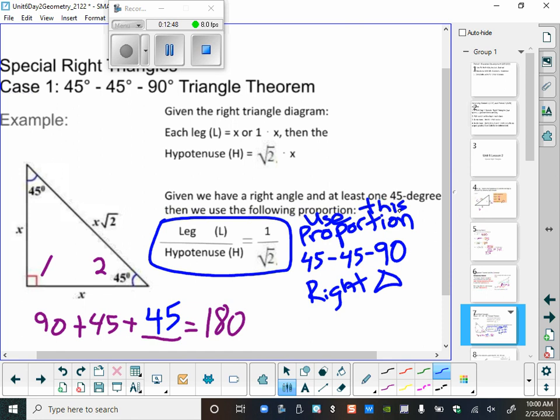Now, you're probably wondering, square root of 2, I've never seen that before, right? But the square root of 2 is actually a number. If you type it in the calculator, somebody type square root of 2 into the calculator, what do you get? 1.4141356.